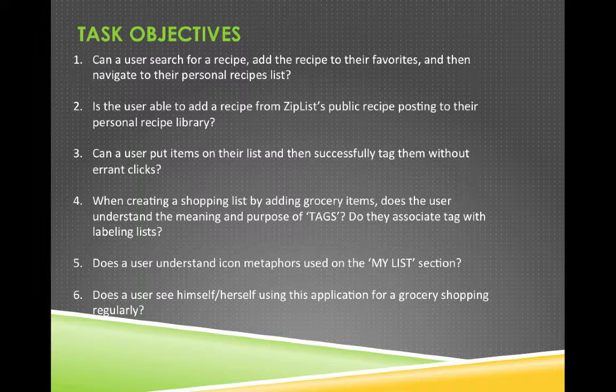Number 4, when creating a shopping list by adding grocery items, does the user understand the meaning and purpose of tags? Do they associate tag with labeling lists? And I'll explain this one a little bit more in the future. And number 5, does the user understand icon metaphors used in the My List section? And number 6, does the user see himself or herself using this application for grocery shopping regularly?